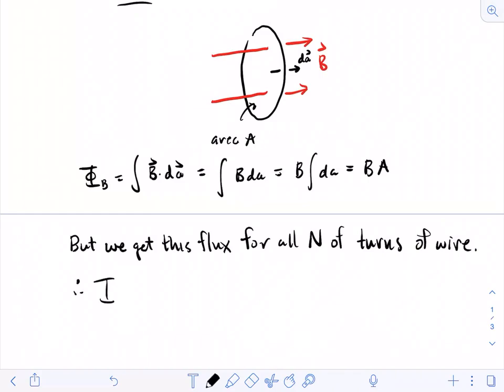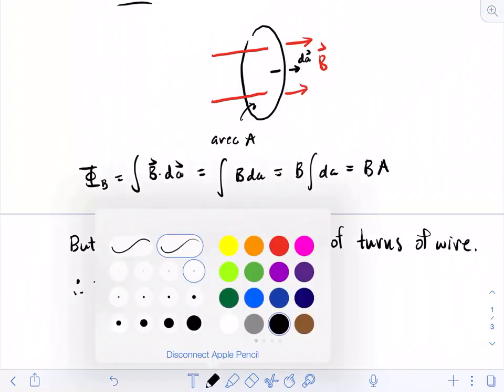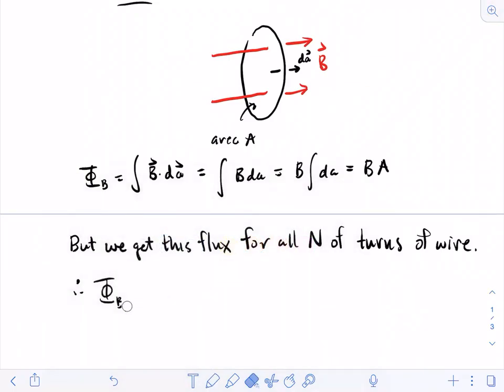Therefore, the total magnetic flux of our solenoid is N times what we calculated for a single turn.